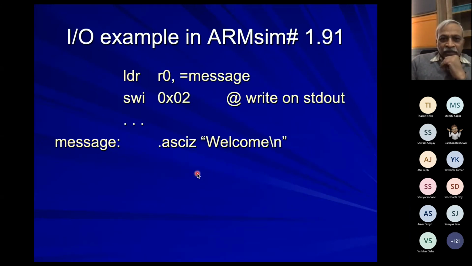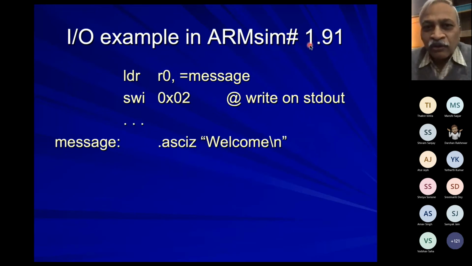Now, depending upon which ARMSim version you use, there is some variation in the way this IO is done. Here I'm showing an older version, 1.91. What you will see now is 2.01, so I'll come to that.